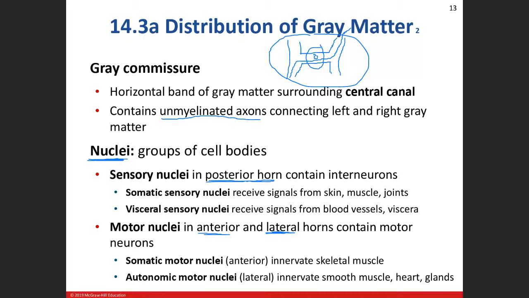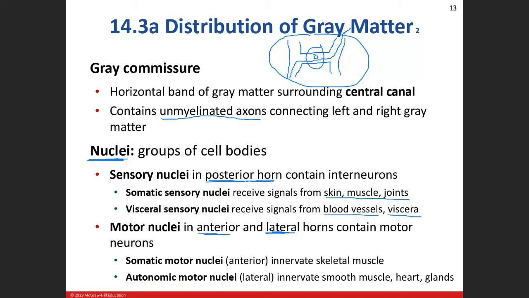Okay, so somatic sensory nuclei, you guys should remember this from lecture, are going to receive information from your skin, your muscles, and your joints. That's going to be proprioception, tactile senses, temperature, pain. That's somatic sensory. That's the stuff that you notice. The visceral sensory nuclei are going to get information from your viscera, and that's also going to include blood vessels.